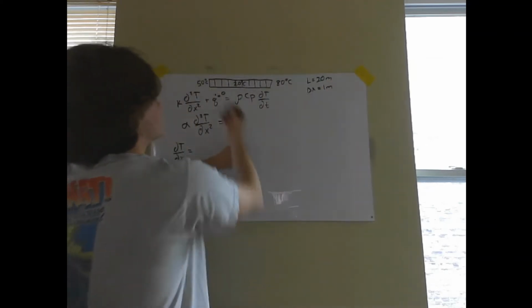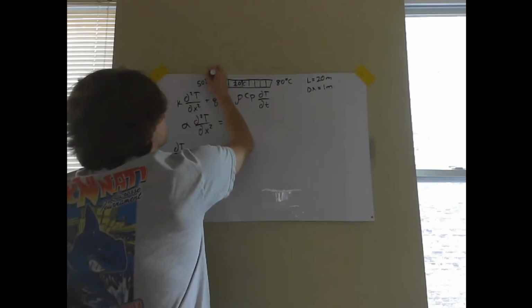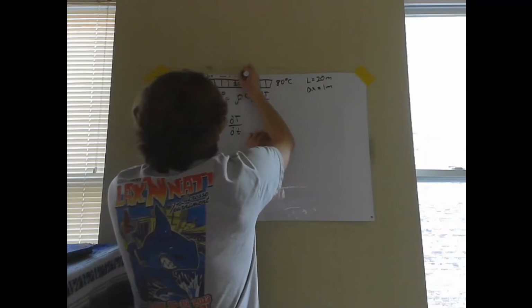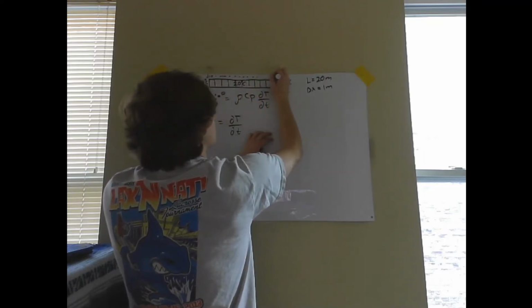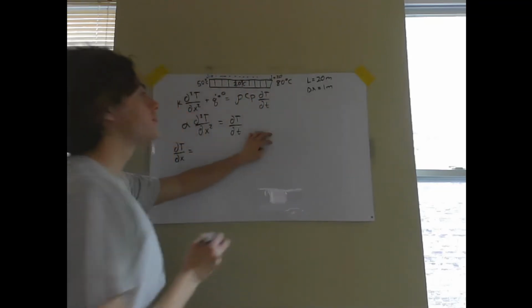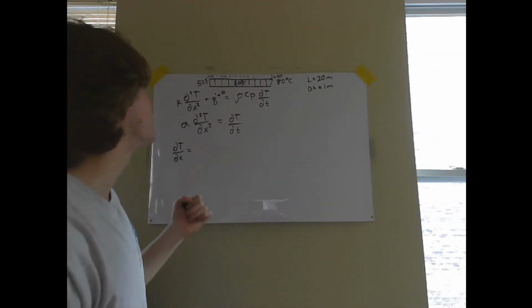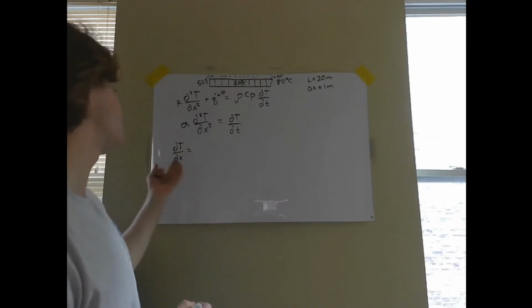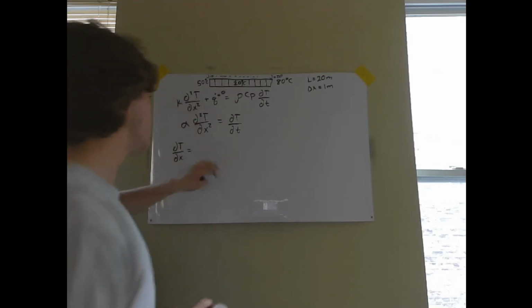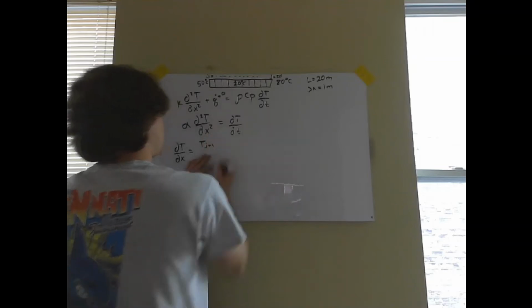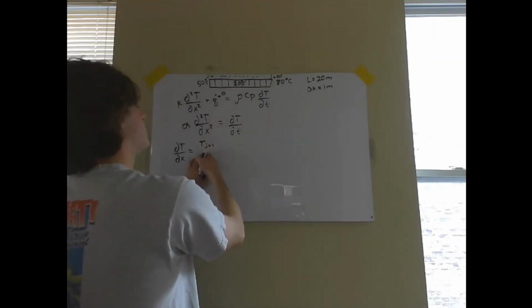So we can index these increments. I'm going to use j. We'll have 0 on the left side, all the way to j equals 20 on the right side. And so we can use known temperatures to approximate this derivative. To do that, we'll use the temperature of the next block.